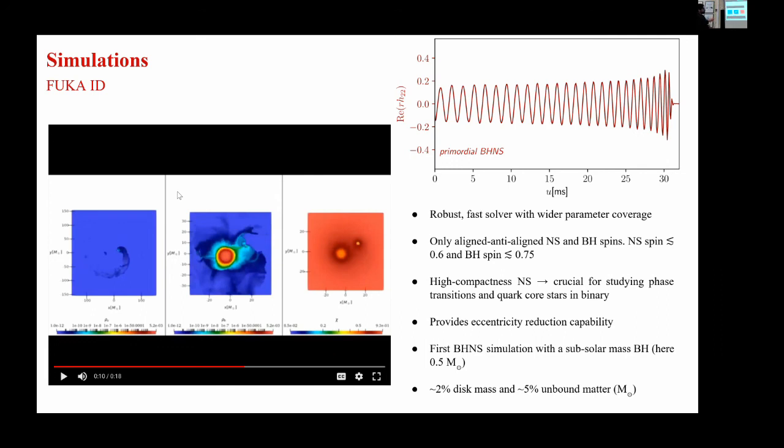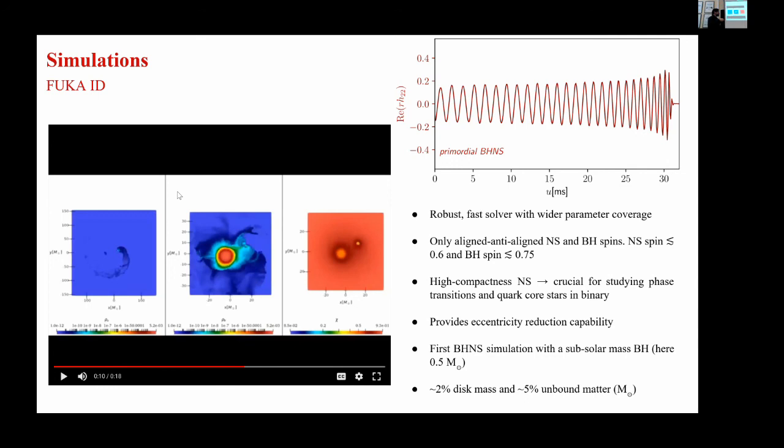The gravitational wave signal coming from this can help the gravitational wave community improve their tidal model of the neutron star to develop more accurate models, even for binary neutron star cases, not just for black hole neutron star cases. So in that sense, these simulations are also useful.